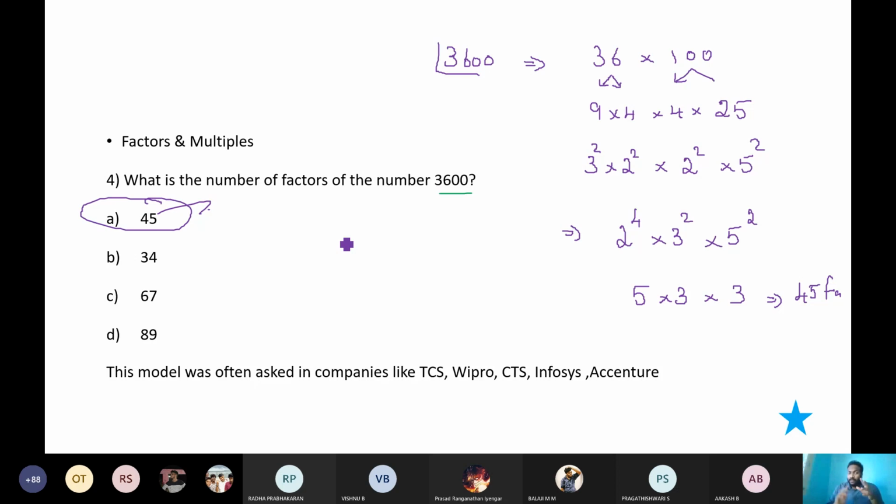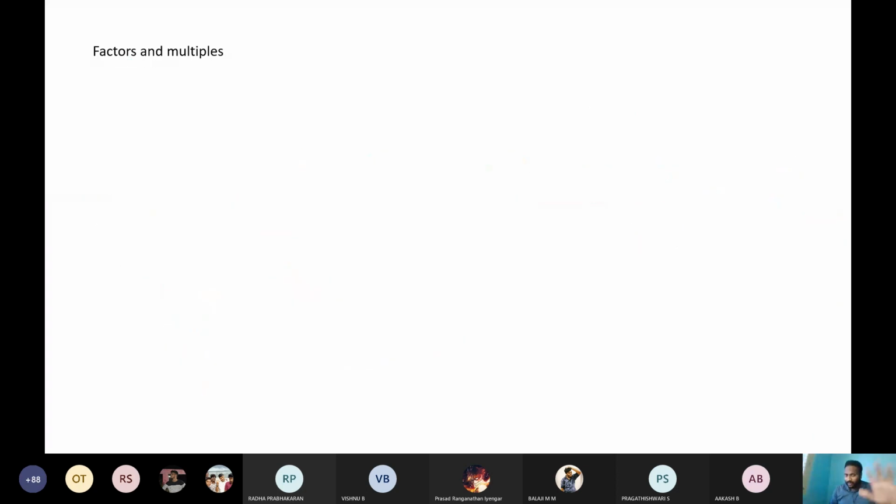Now I'm going to make this question a bit more tedious. First I'll explain the question that I'm talking about. The question that I'm asking you is, in how many ways can I write 24 as a product of two numbers?